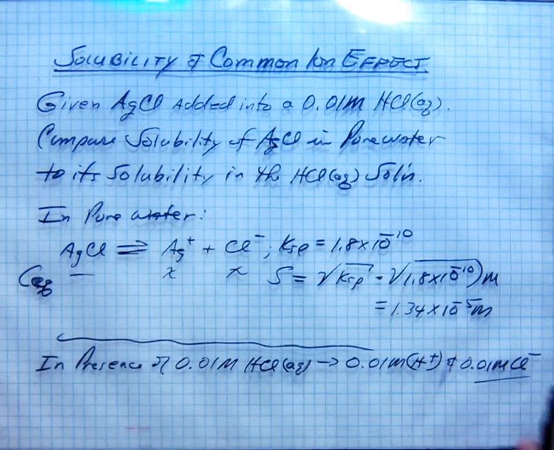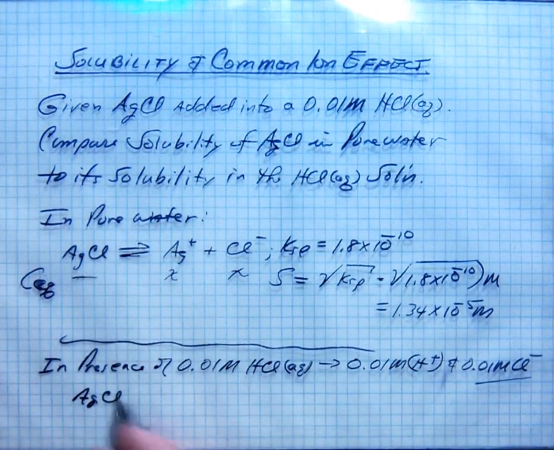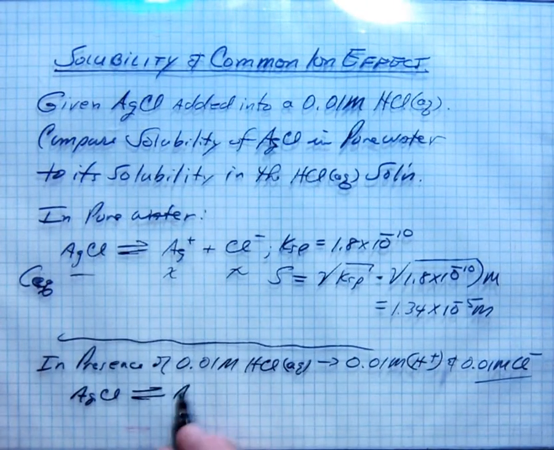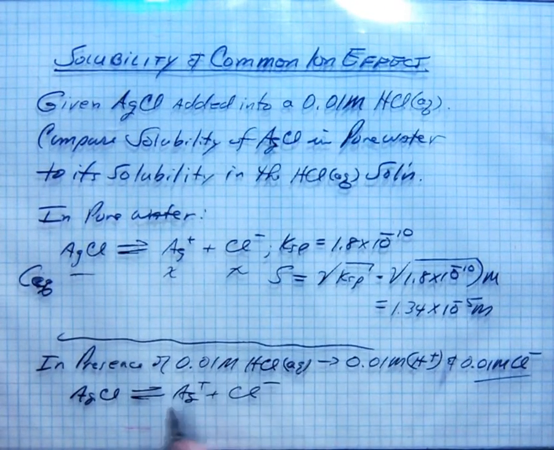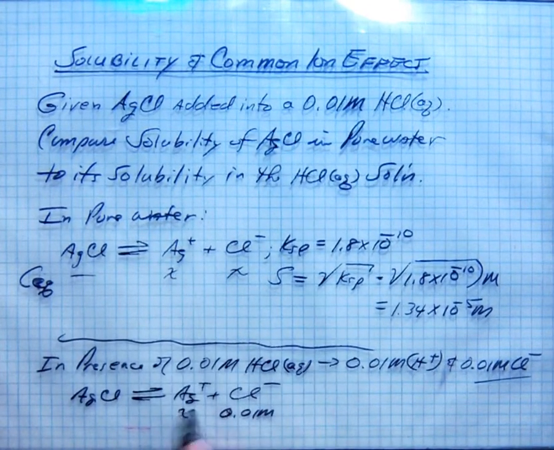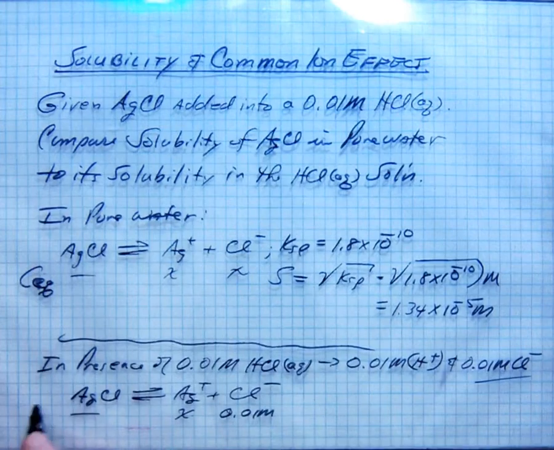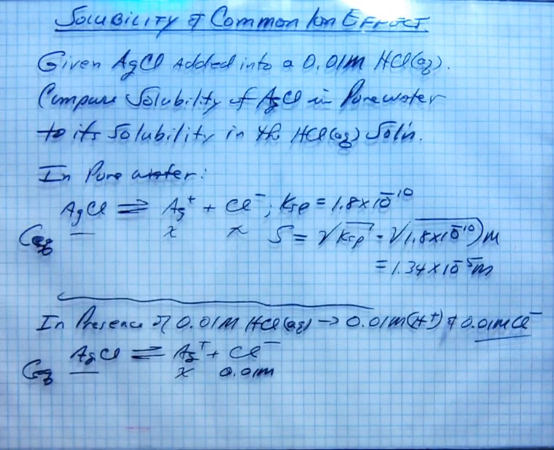So the chloride would be the common ion, and you would see AgCl still ionizing to silver ion and chloride ion, but this time you're starting with 0.01 molar chloride. It's going to deliver X at equilibrium. So X now represents the solubility of the silver chloride.